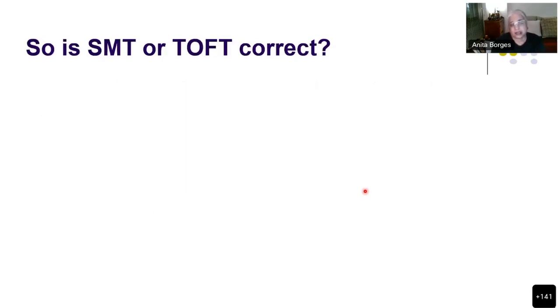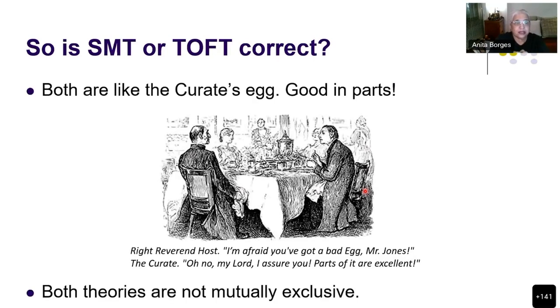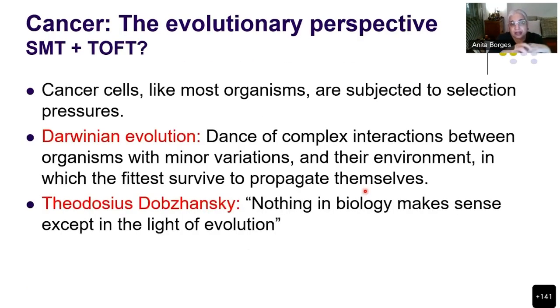So what is it? Is it the somatic mutation theory or the TOFT, that is the tissue organization field theory? And I don't think that they are mutually exclusive. Okay, it has to be that these theories are not mutually exclusive. And I think that there is this evolutionary perspective that we have to keep in mind.